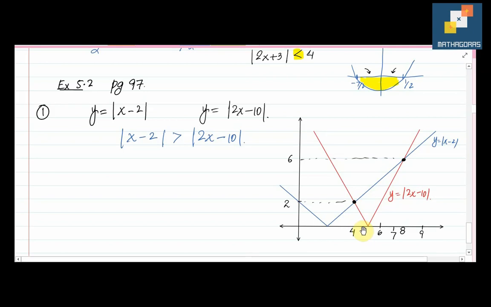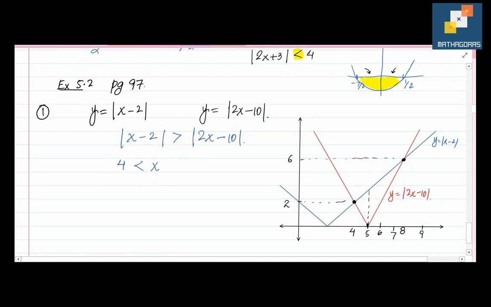At 5, the value of the red graph is 0, but the value of the blue graph is higher. So our range of values for x should be greater than 4, because on the higher side of 4 this condition is valid.